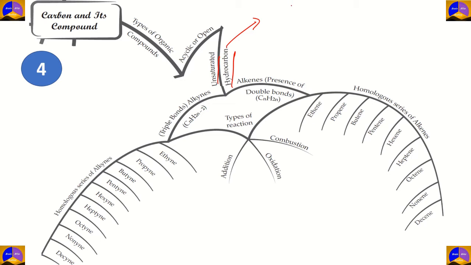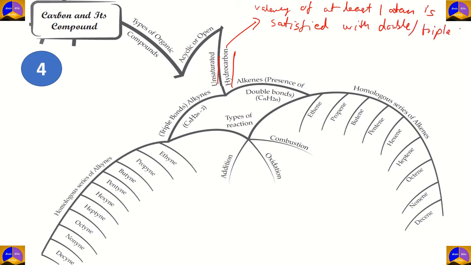Unsaturated hydrocarbons are hydrocarbons where the valency of at least one atom of carbon is satisfied with a double bond or a triple bond. So this is the basic definition for an unsaturated hydrocarbon. And that's why they're known as unsaturated.